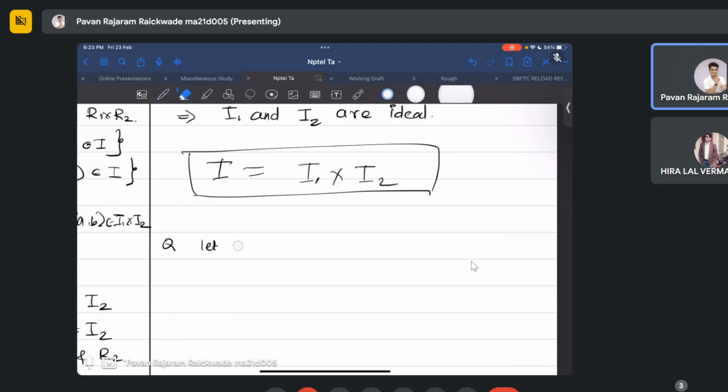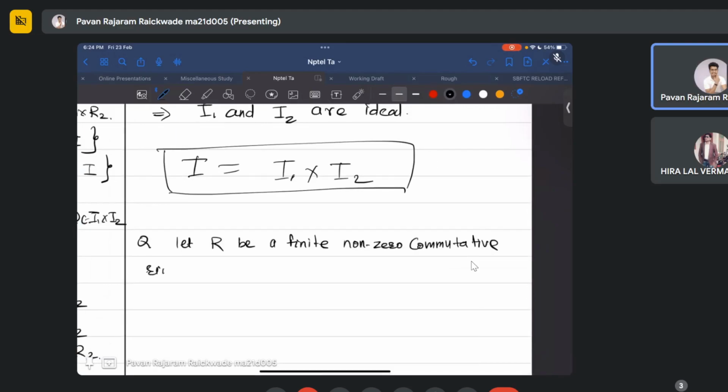Let R be a finite non-zero commutative ring with unity, then which of the following are true?